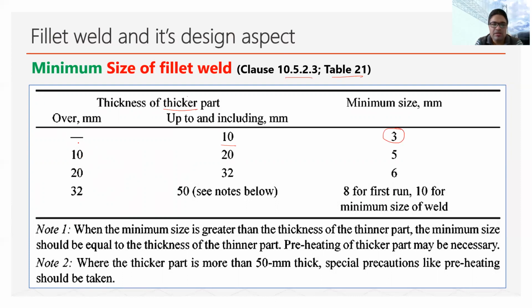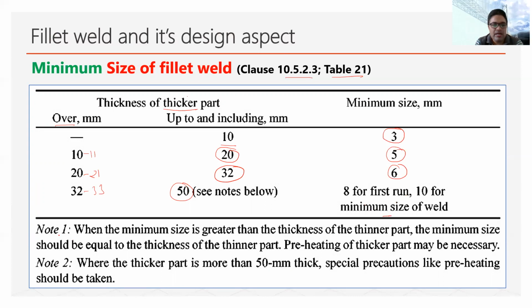Similarly, over, which means 11 to 20 mm, the minimum size of weld will be taken as 5 mm. If the thickness of plate is 21 to 32 mm, then it will be 6. If it is from 33 to 50, then it will be 8 for first run, 10 for minimum size.